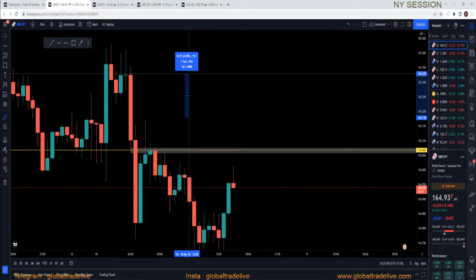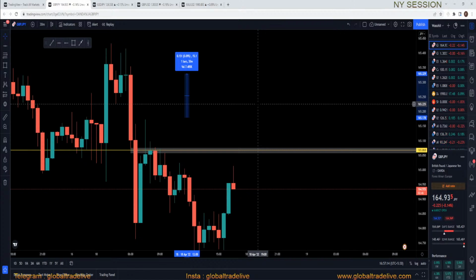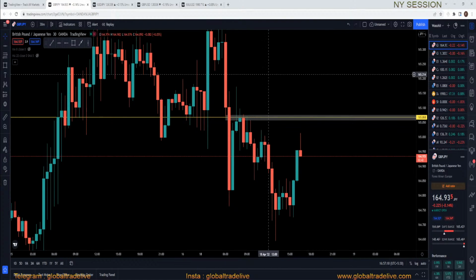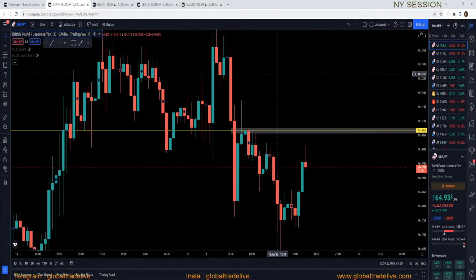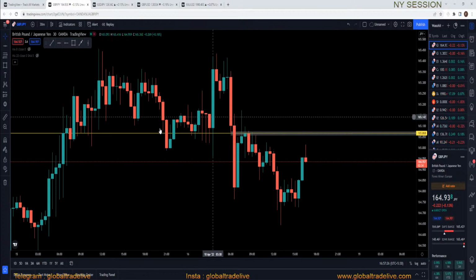So to take a buy trade above 165.070, I need a candle to close above this area, then only I can take a buy trade. But the thing is, if I look at the market structure over here, then the market is moving down right now.